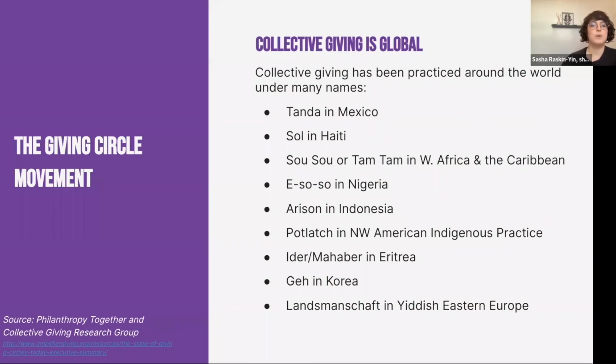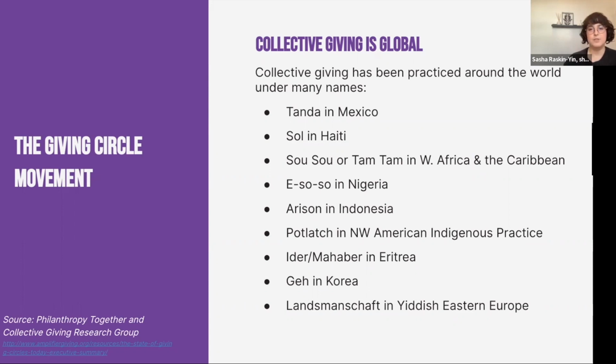Your Giving Circle will join a global movement and long-lived traditions of collective giving. Collective giving has been used to share resources, support communities, and enact values across cultures from Latin America to the Caribbean, Africa, and Asia. There's a long-standing collective giving tradition in the Jewish world as well, including Landsmannschaften in Eastern Europe and the Yiddish world, on which the federation model is based, and across the Sephardi and Middle Eastern world as well.